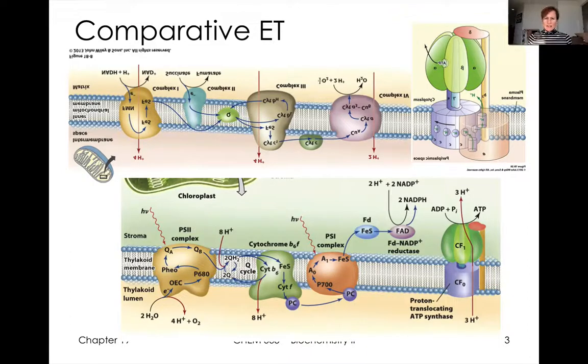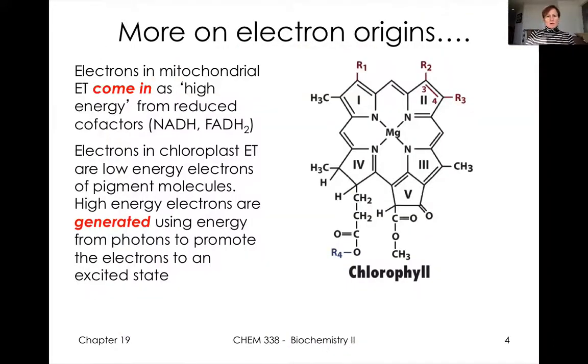So in our activity, a big thing that I want you to be thinking about is homology between what we've seen in electron transport in chloroplasts and what we've seen in electron transport in mitochondria. We talked about this in our activity in our previous lecture, but just to reinforce it here, when we think about the origin of electrons, in mitochondrial electron transport those electrons come in a high energy state just because of their chemical nature, being part of NADH or FADH2.